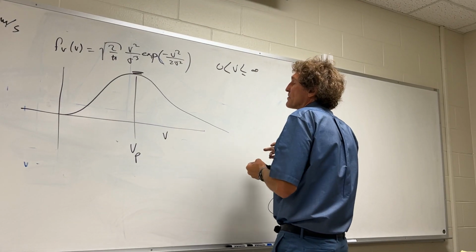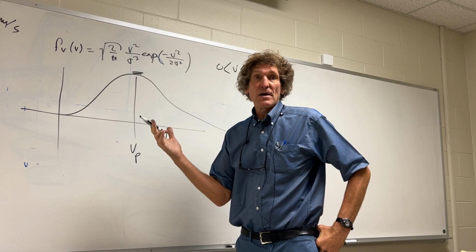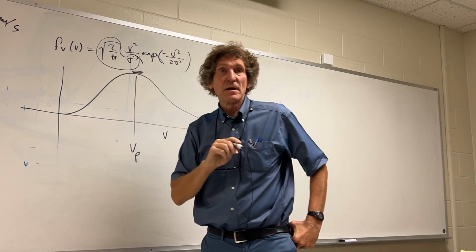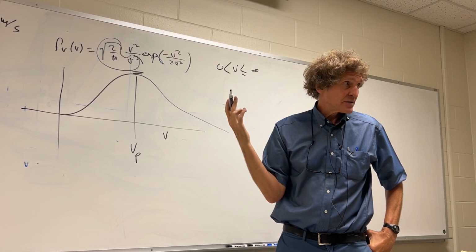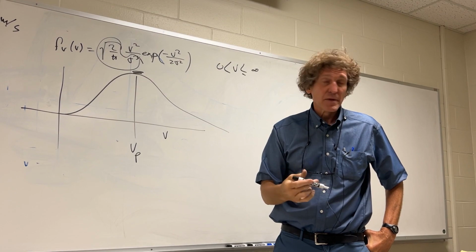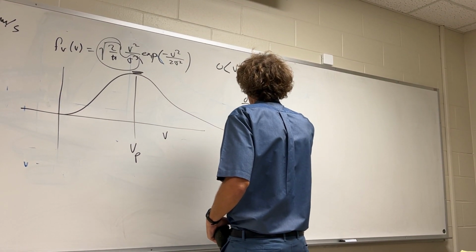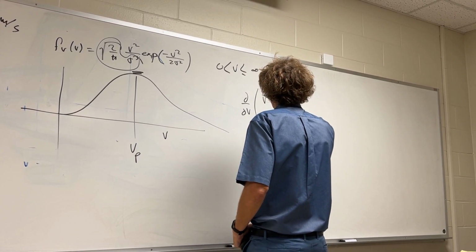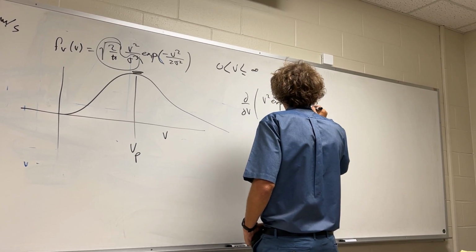So if I take a derivative of this, here's how I do these things. I'm setting it equal to 0, and you see how all this constant stuff really is going to go away? So just ignore it. Take a derivative of the remainder and set it equal to 0. So I take a derivative with respect to v of v squared exp to the minus v squared over 2 sigma squared.